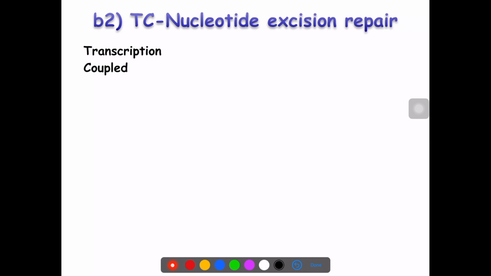All right, so just like for global genome nucleotide excision repair, there was a human disease that allowed us to characterize the enzymes that are involved in that repair mechanism. For transcription coupled nucleotide excision repair, there is also a human disease that allows us to recognize the specific enzymes that were characteristic of this particular pathway.